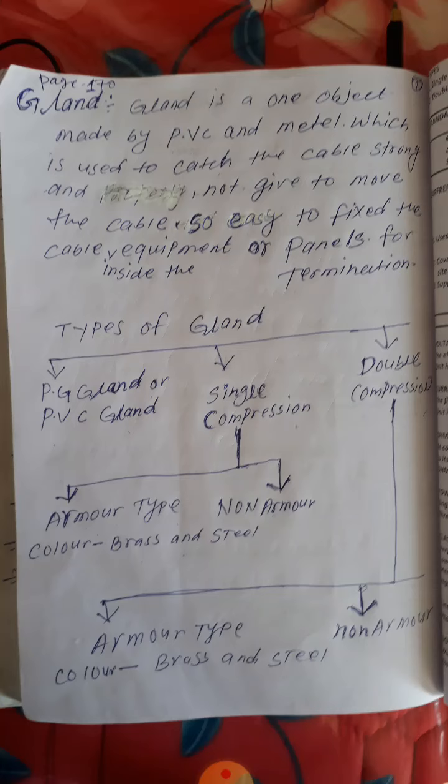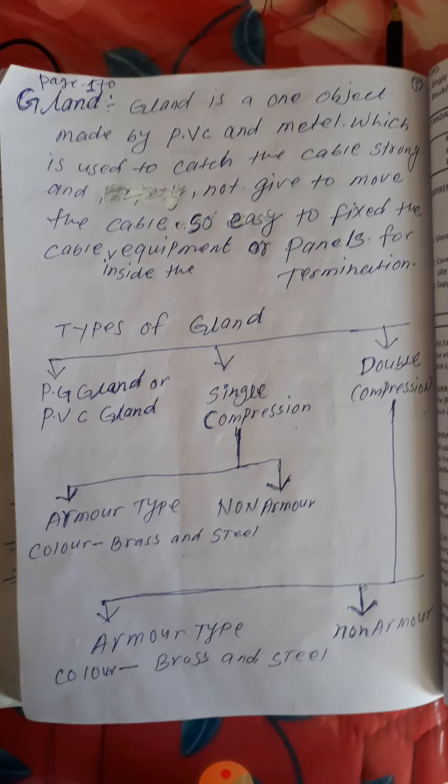The double compressor gland is also the same, two types: armor type and non-armor type. Armor cables go with the armor type gland, and non-armor cables with the non-armor type gland.